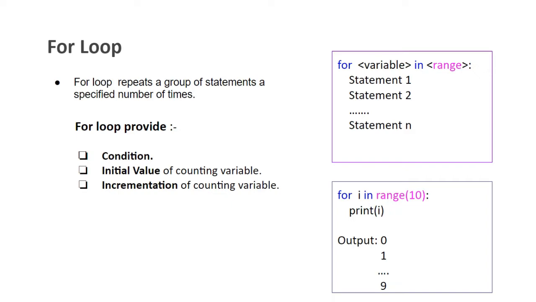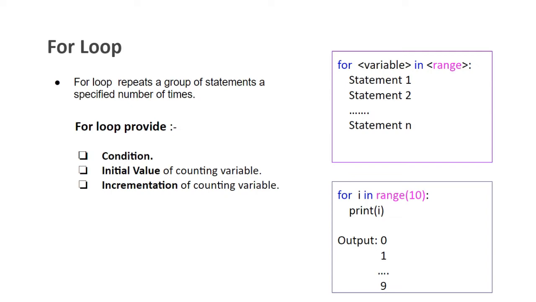It says for i, which is a variable name, in range, and in brackets we have 10. In range 10 means we will start from 0 and go up to 9. Likewise, if it was 20, then we will go till 19.